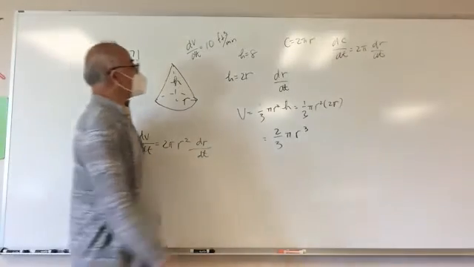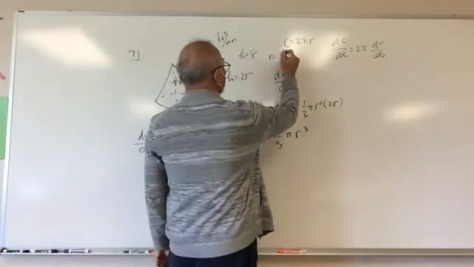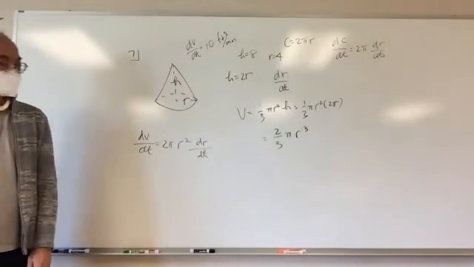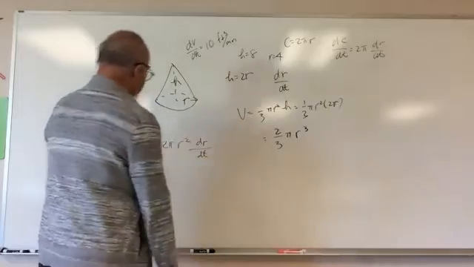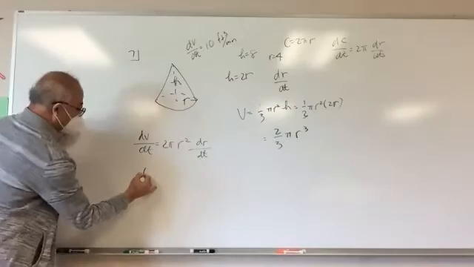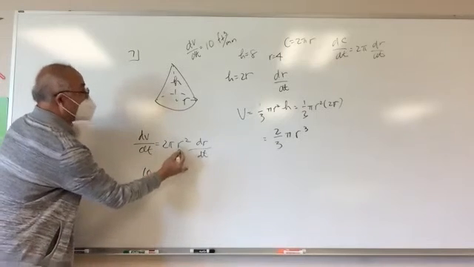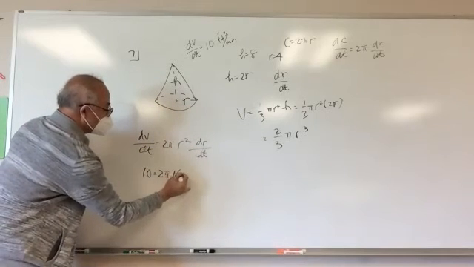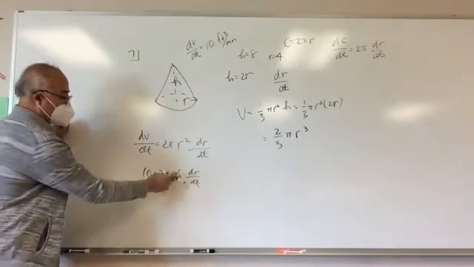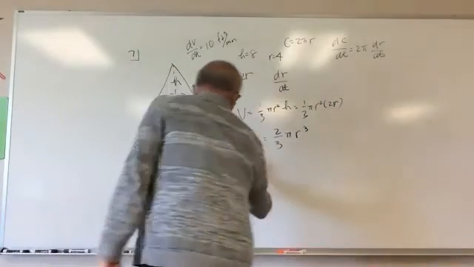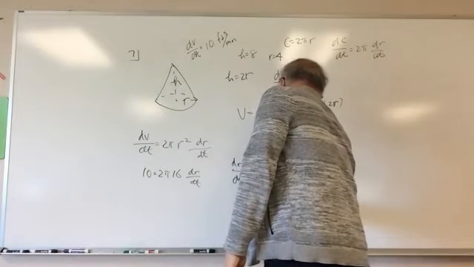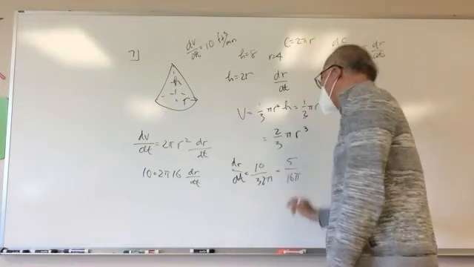So when h is equal to 8, r is equal to 4, correct? So I can find dr/dt now, because dV/dt I already know, it's 10. 10 is equal to 2 pi times r squared, which is 16, times dr/dt. That's 32 pi dr/dt. So dr/dt is equal to 10 divided by 32 pi, which is basically 5 over 16 pi.